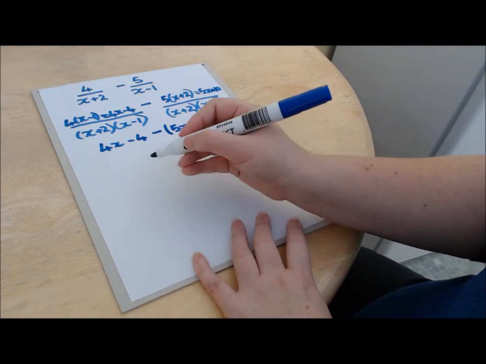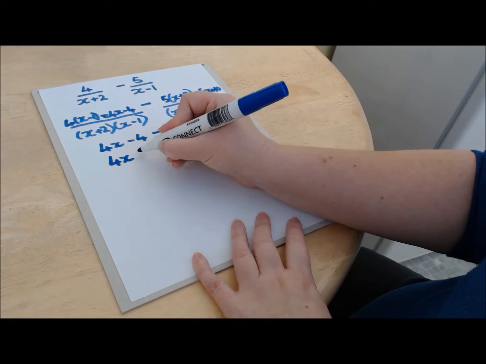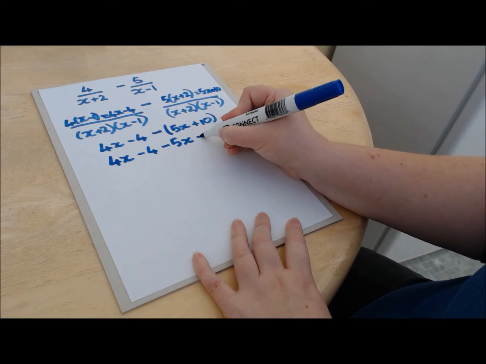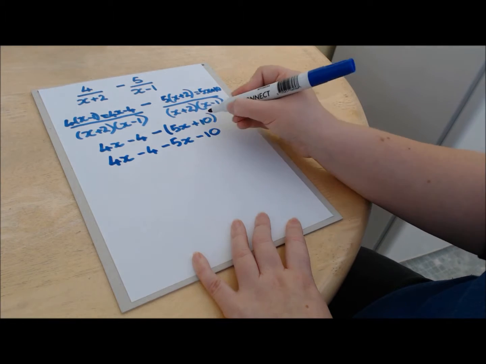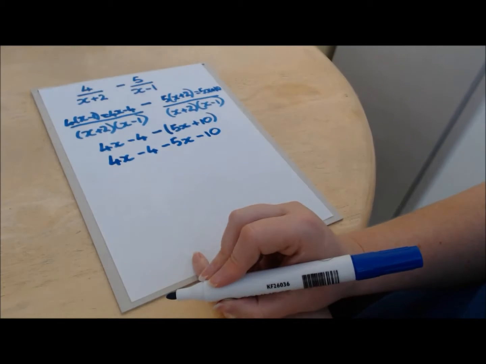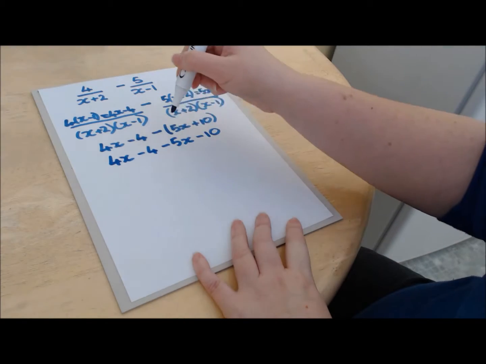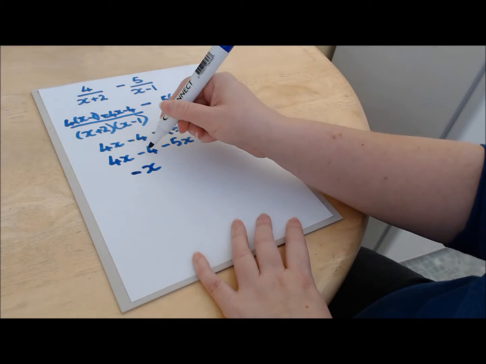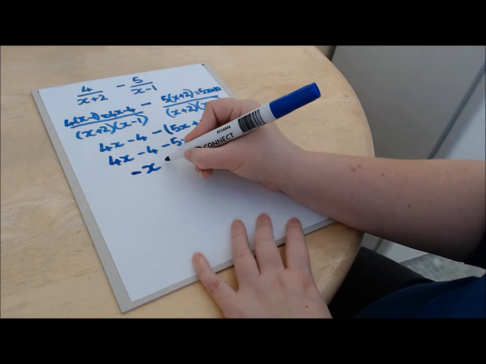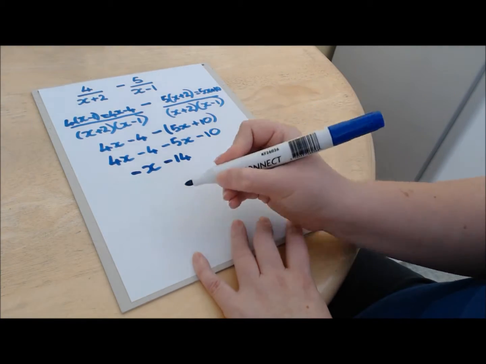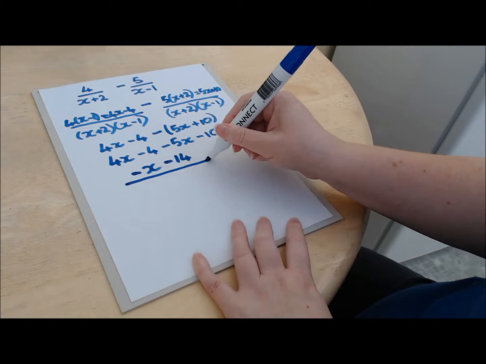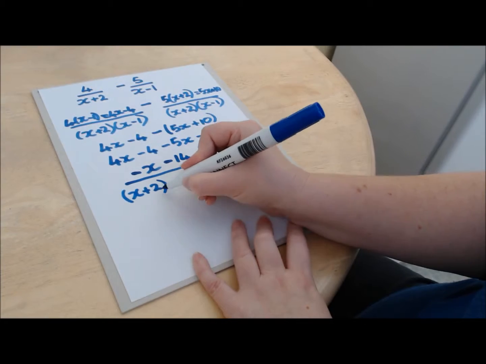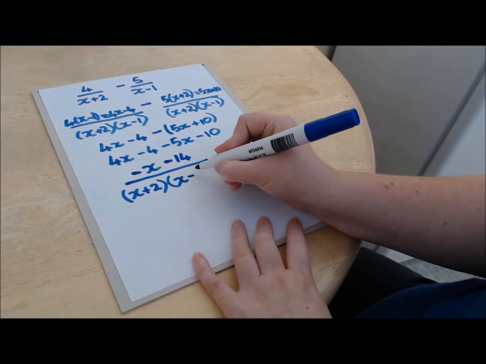So what we've really got is 4x minus 4 minus 5x minus 10. It's that second bit that people miss out sometimes. So 4x minus 5x is minus x. Minus 4 minus 10 is minus 14. So that's what's on top. And on the bottom is that x plus 2 in brackets, x minus 1.